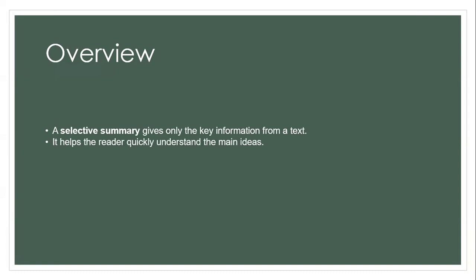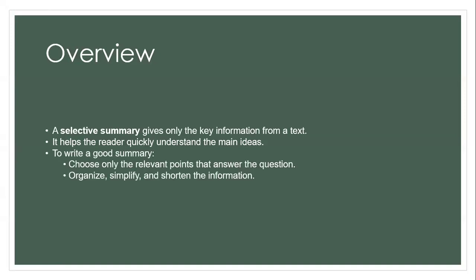This selective summary basically helps the reader to quickly understand the main ideas presented in a longer form of a text and to make their specific understanding and connection, like what and how these ideas have been presented, right? In order to write a good summary, we just have to do two simple things.